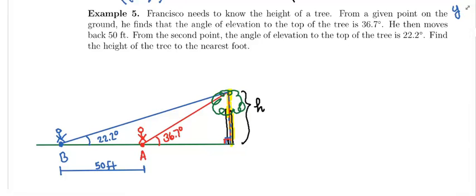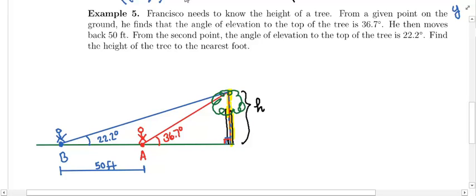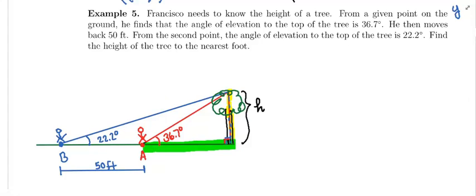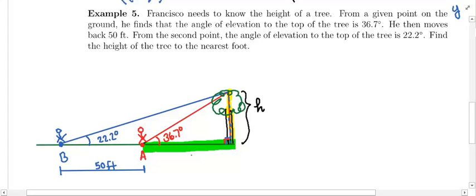All right, so let's come up with a plan of attack here. We need the height of the tree, which is this black value that I have labeled H. We're missing a key piece of information here, and that is the distance from point A to the base of the tree. That's another unknown. It's not the one we're looking for, but it is unknown.